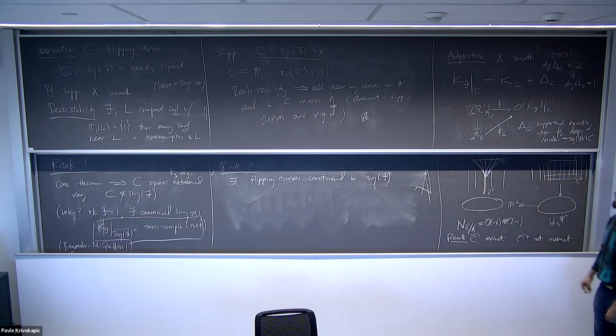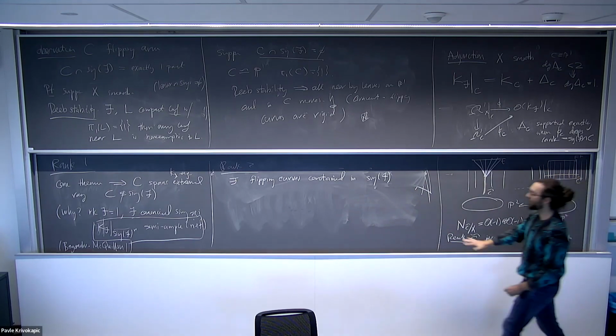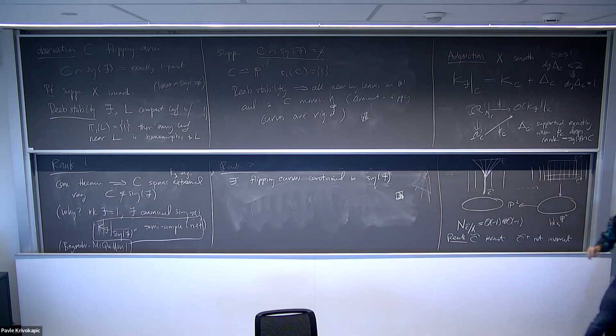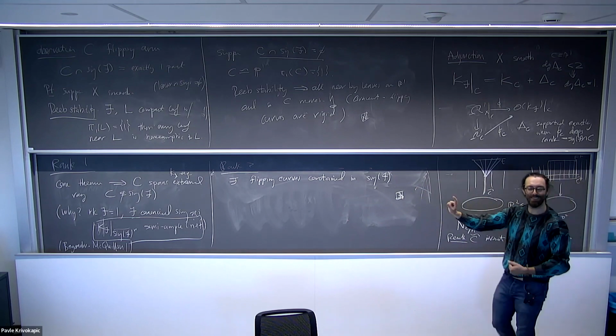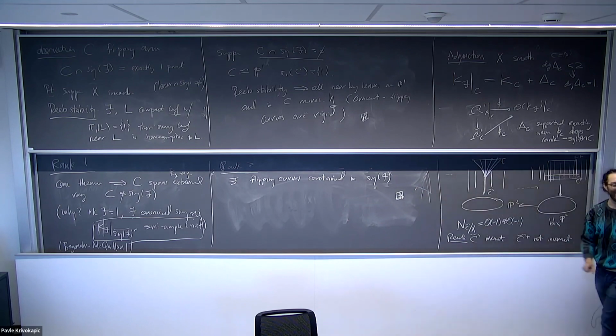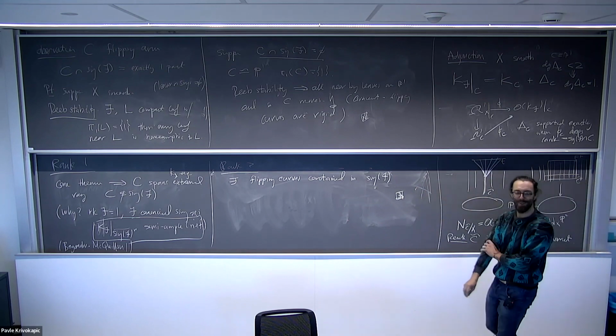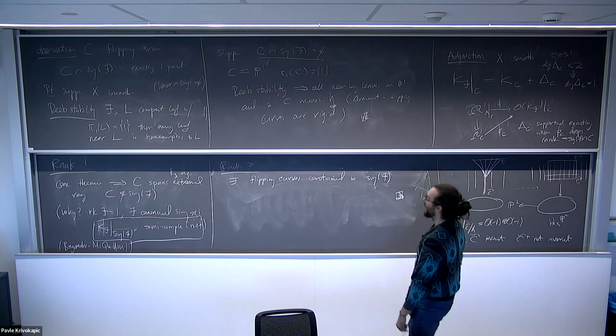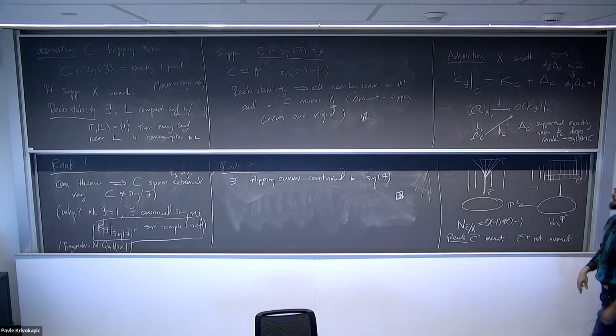Okay, so I think this concludes the proof, a very long proof, of why every flipping curve meets the singular locus in one point. We've had a bit of a walk down the garden path here. Now it's totally erased, it's gone forever.